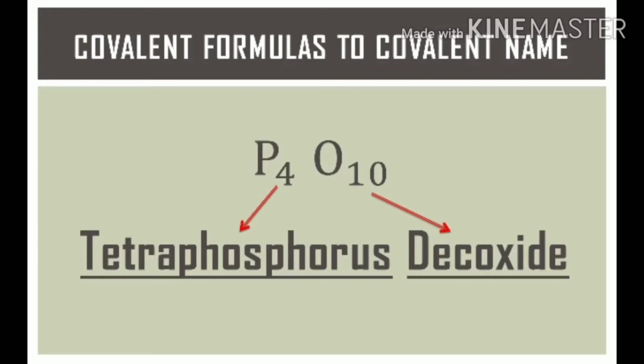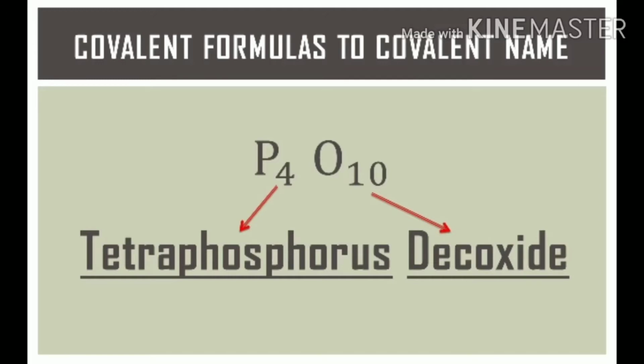But why is it decoxide and not decaoxide? It is because in naming covalent compounds, if we have two vowels that are adjacent to each other, then the vowel at the end of the prefix is usually dropped or eliminated.